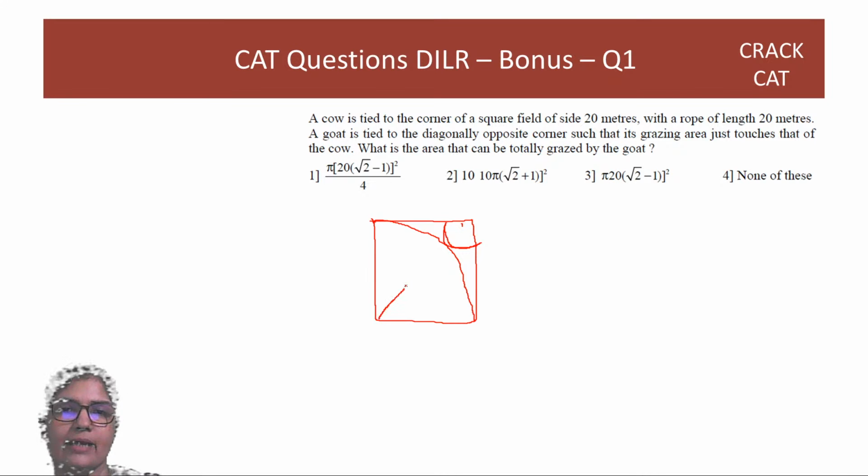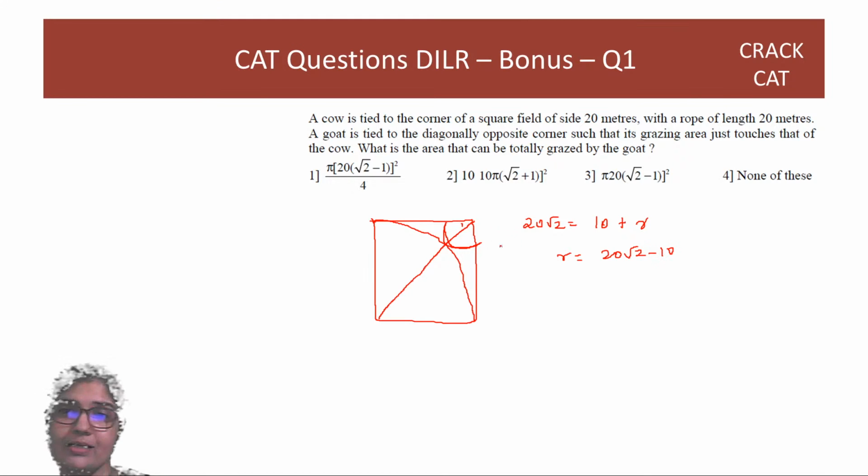So this is the diagonal, right? 20√2. This diagonal is made up of the radius for the cow, 10, right? Plus the radius of the goat. So the radius of the goat is 20√2 minus 10.